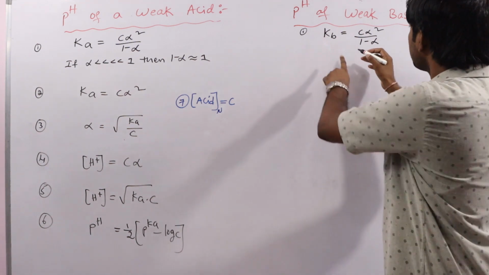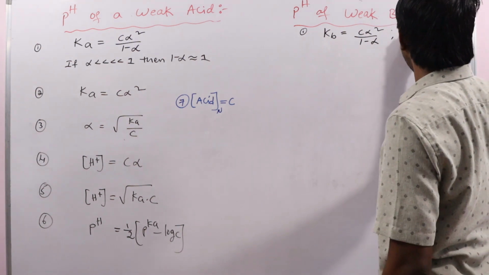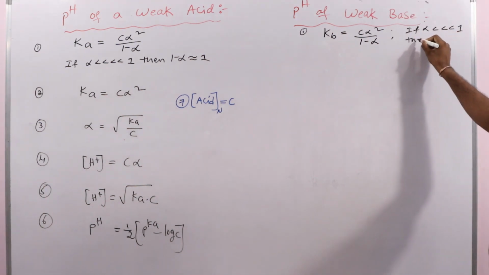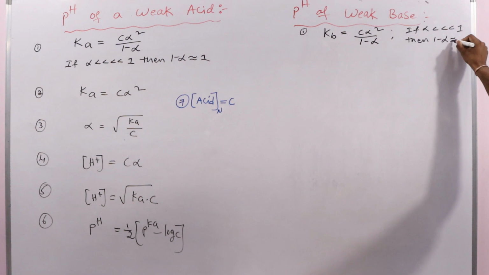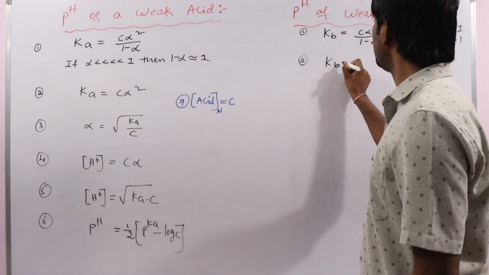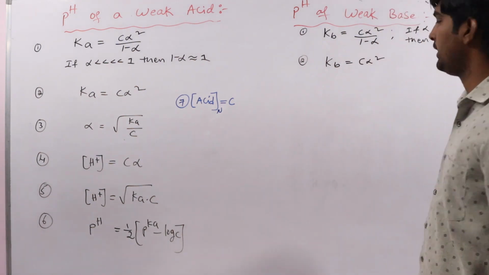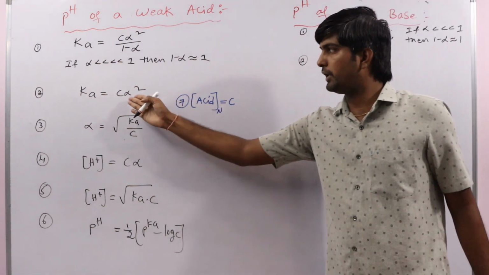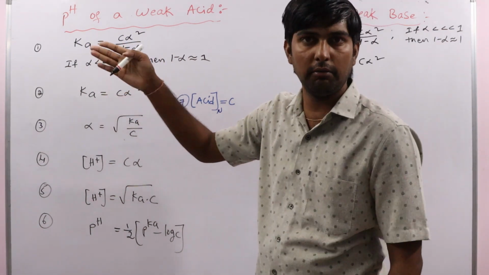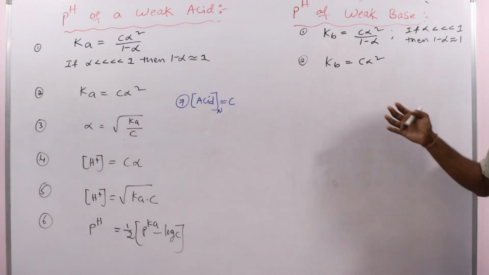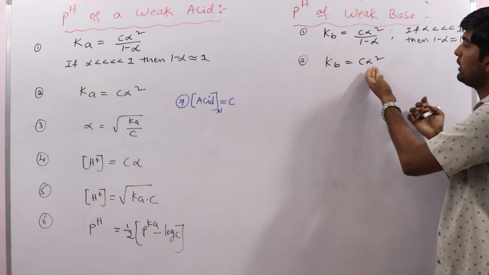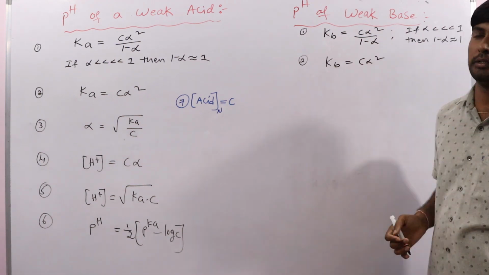Next, same here. Suppose alpha is much less than 1, then 1 minus alpha is almost equal to 1. So from that we get Kb equal to C alpha square. Yes or no? Here alpha means degree of dissociation of the given weak base, and C is the concentration of the given weak base.